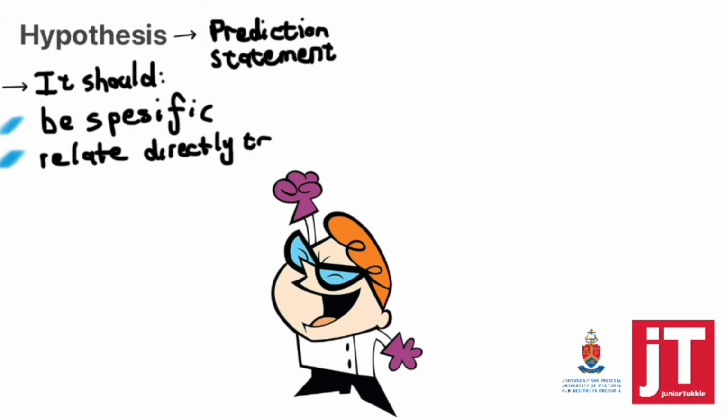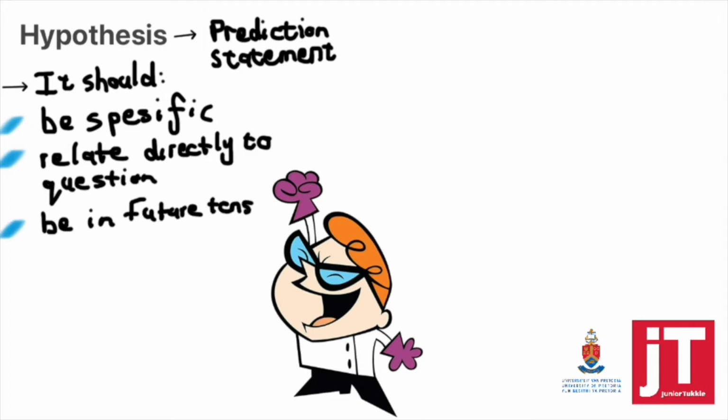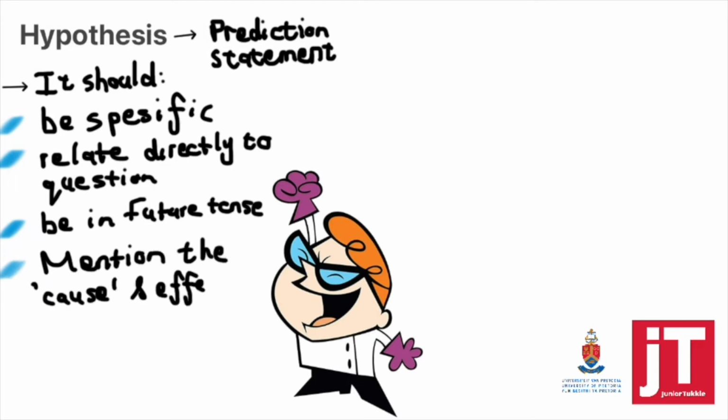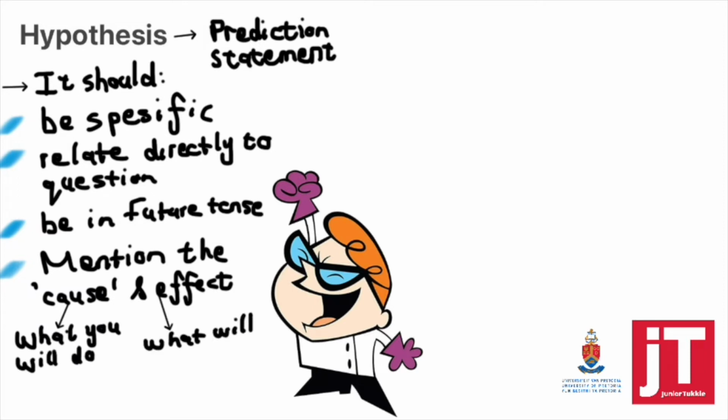It should relate directly to your investigative question. It must be written in future tense. And then you must mention the cause, so what you will do in this experiment, and the effect, so what will happen due to the changes which you make in this experiment.